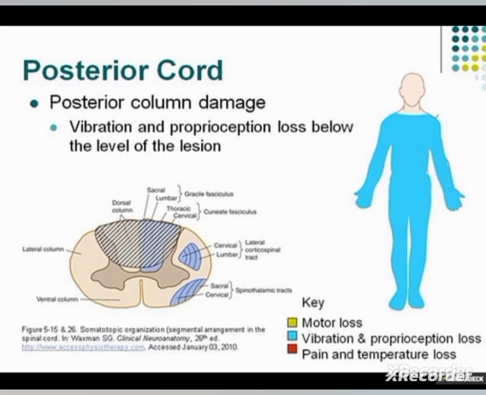In the picture, the shaded area, the posterior column or dorsal column, is damaged. That's why there is vibration and proprioception loss below the level of injury, and other functions like pain, temperature sensation, motor function will be intact. The loss is mainly proprioception. So that is regarding posterior cord syndrome.